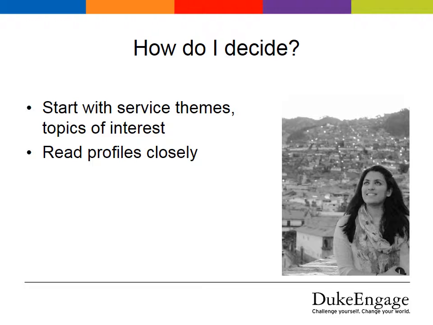You can get a sense from the profile usually about whether the service activities are more sort of direct service, working closely with community members, or sort of behind the scenes administrative or project-based work, and think about which one suits your interests. You can also usually get a sense of the level of independence you'd have in a particular program.